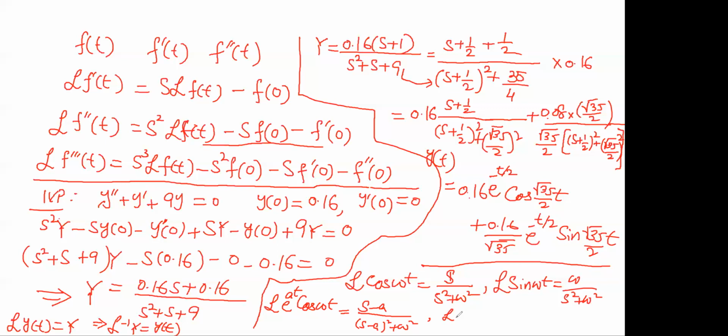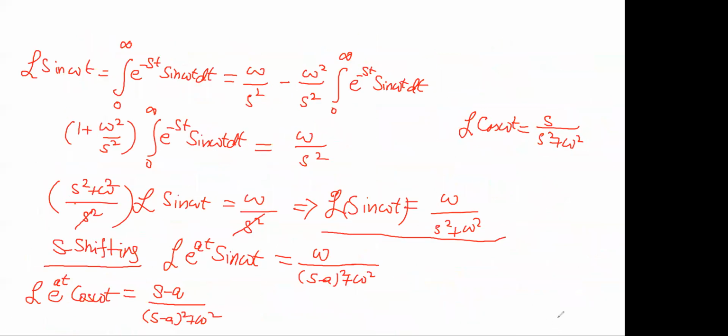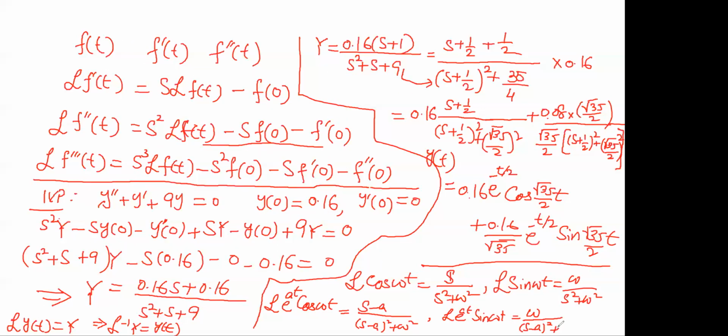Similarly, for the Laplace of e power at sine of omega t, it will be omega over s minus a squared plus omega squared.